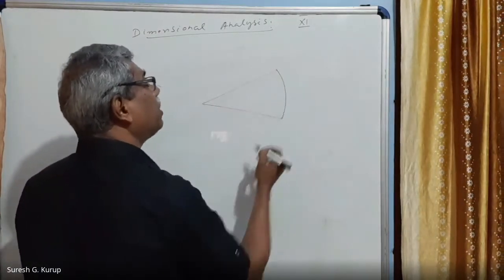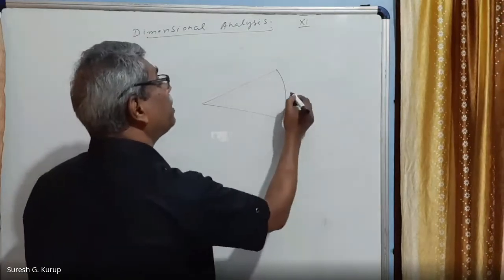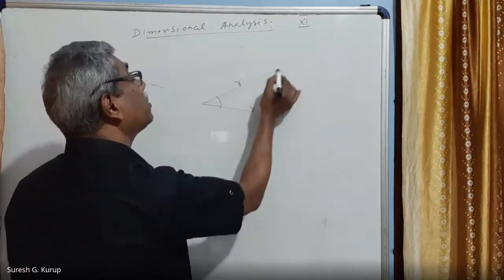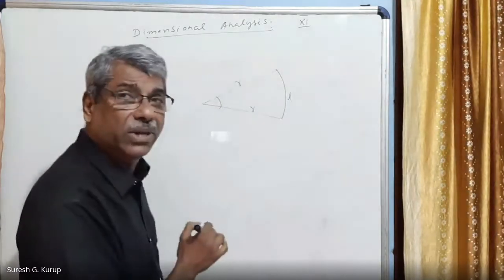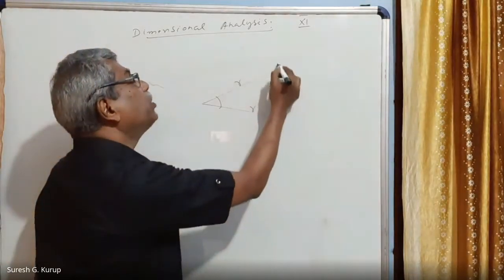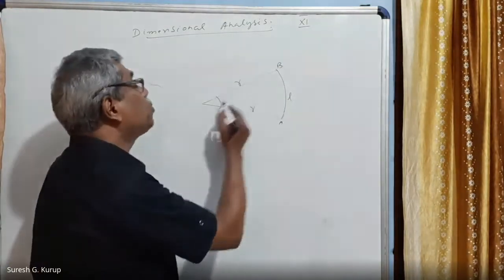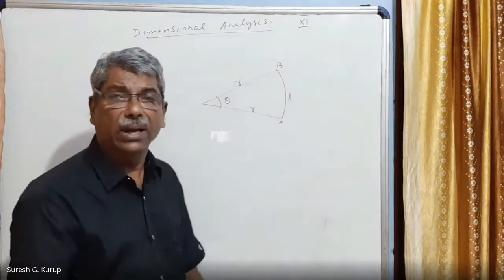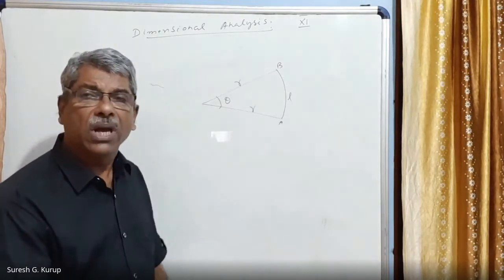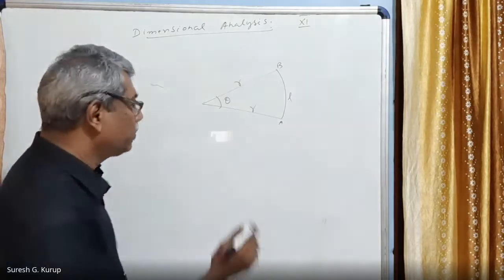This is an arc of length L, and this is the radius, right? This is part of a circle, and these are two radii that make an angle between them. This point is A and this point is B. Between these two points, we get an angle subtended. This is called the angle. Everybody knows that angle is equal to arc by radius.